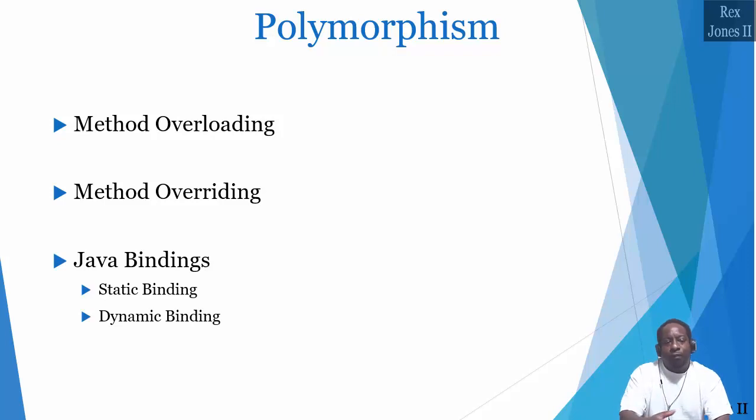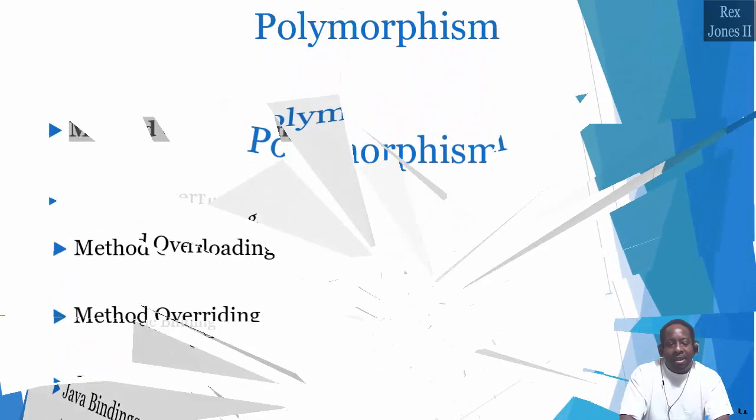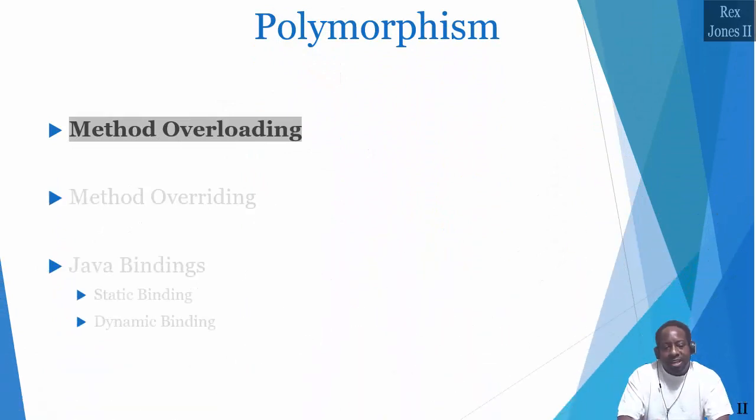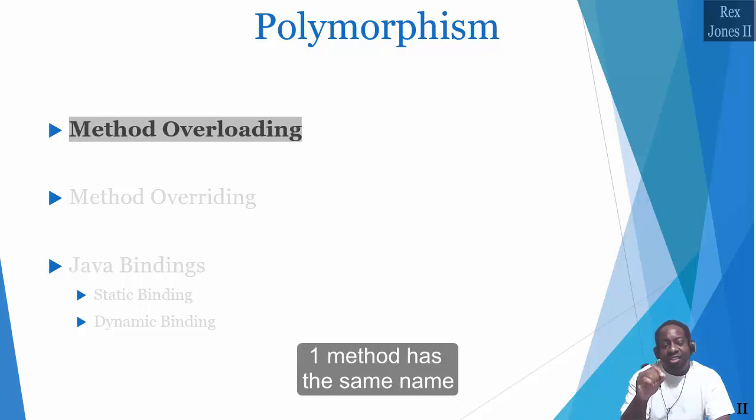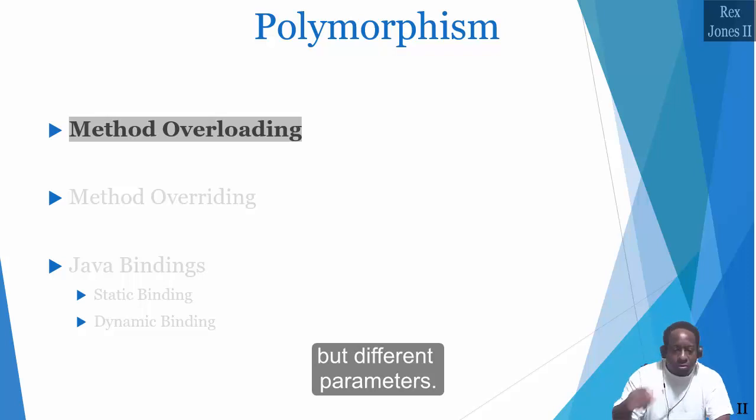Method overloading refers to static binding, while method overriding refers to dynamic binding. Let's start with method overloading. In Java, method overloading is when more than one method has the same name but different parameters.